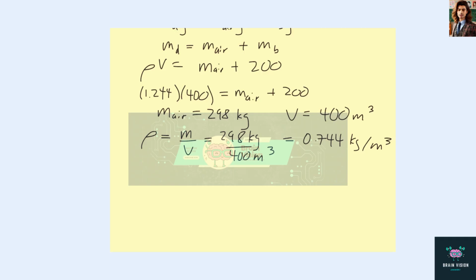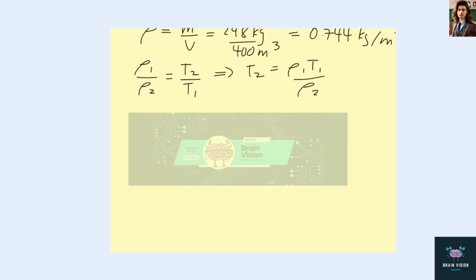Now, there is a law, the Gay-Lussac law, which is that density 1 over density 2 is equal to temperature 2 over temperature 1. We can rearrange this and solve for T2, which is just going to be density 1 T1 over density 2. We can then plug in numbers, right?